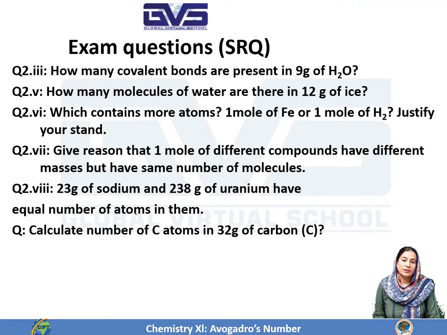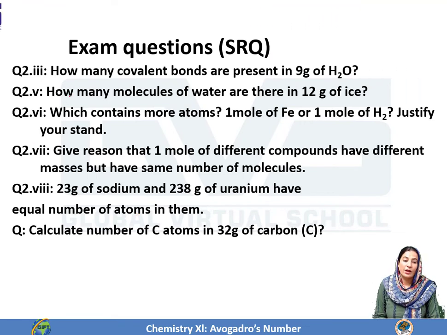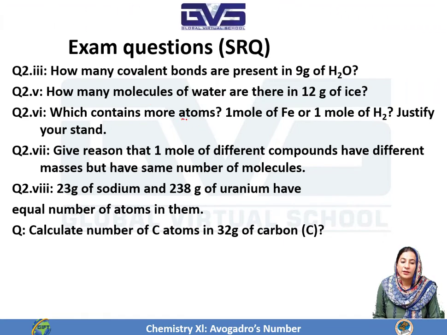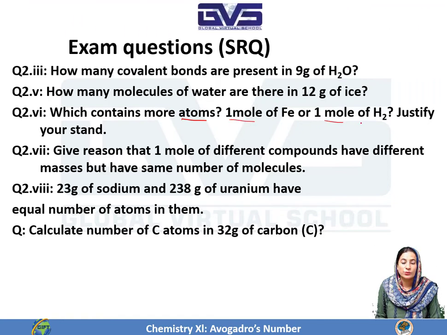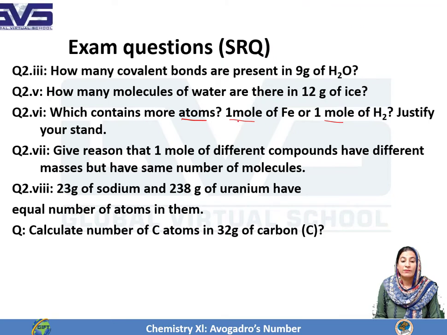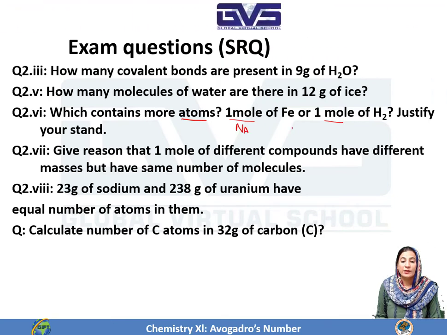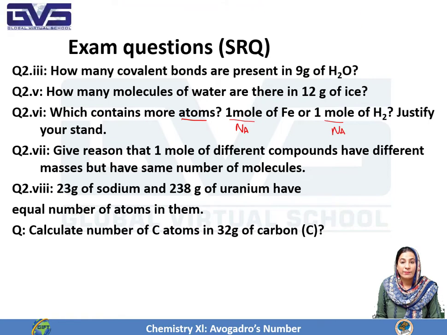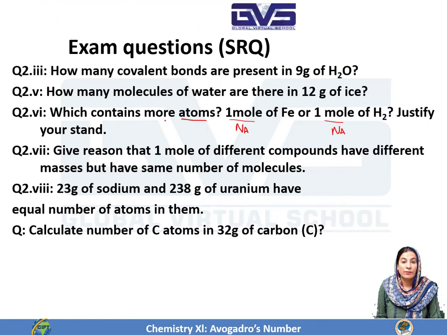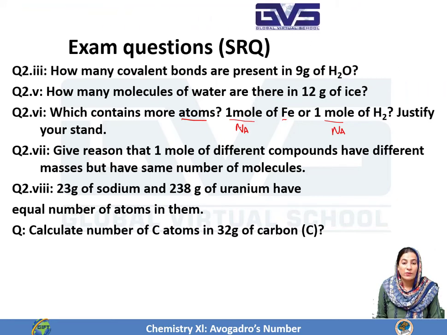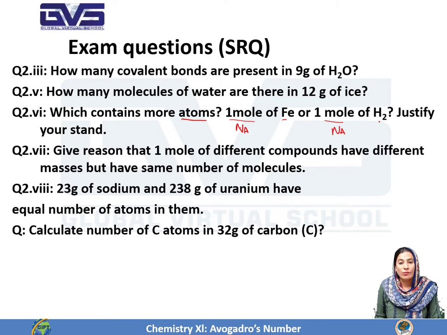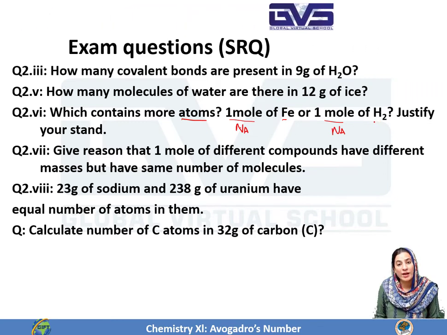Here are the short response questions. How many covalent bonds are present? I will solve this. How many molecules? Which contain more atoms? Here comes the question, number of atoms: 1 mole of iron and 1 mole of H2. 1 mole of iron contains Avogadro's number, but here atoms are asked. So iron is 1 atom each, so Avogadro's number of atoms, but 1 molecule of hydrogen has 2 hydrogen atoms.